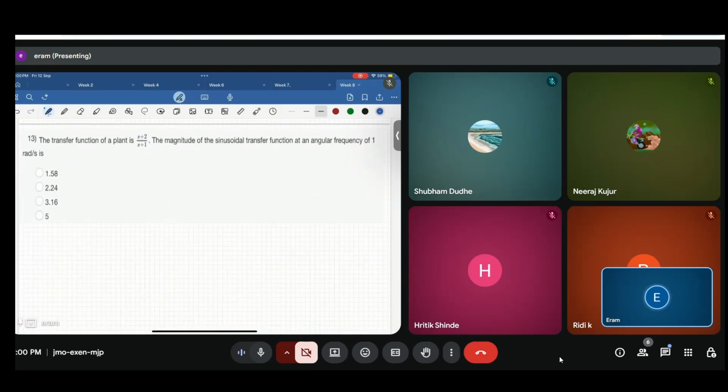Now, you have a transfer function of the plant given as s plus 2 divided by s plus 1, and the magnitude of the sinusoidal transfer function at an angular frequency of 1 radian per second is.